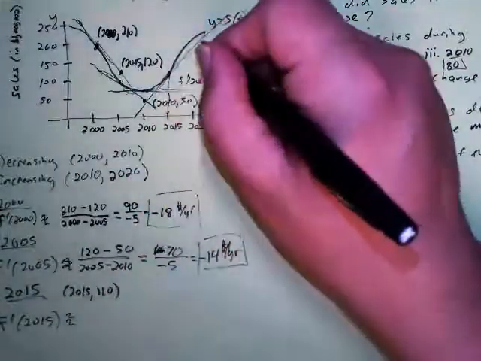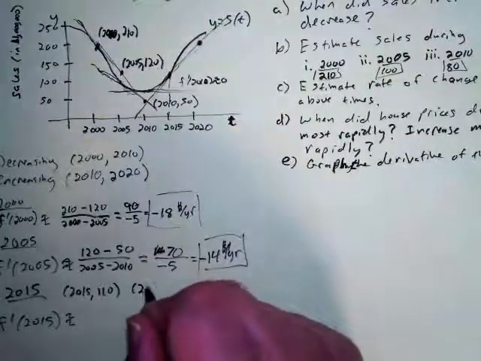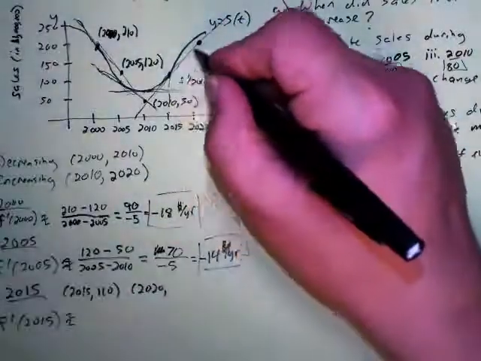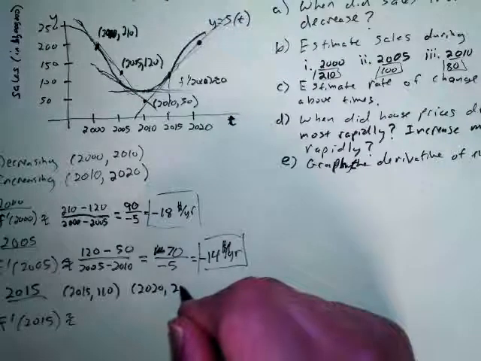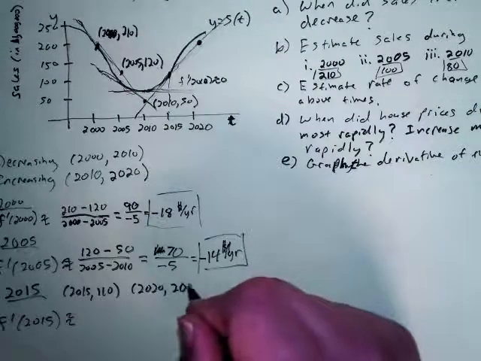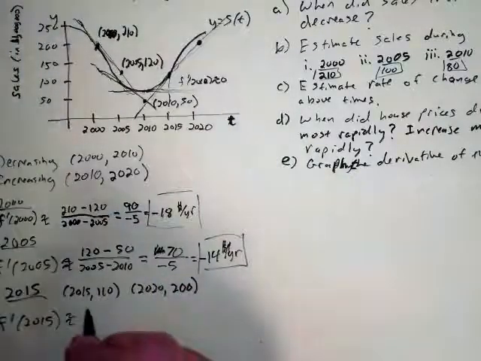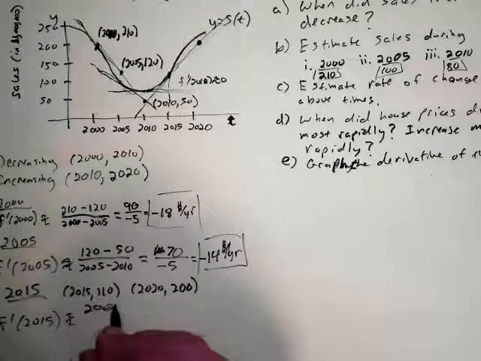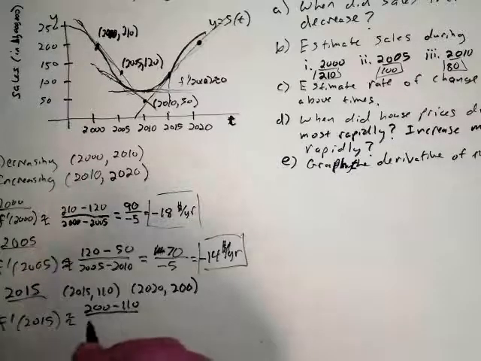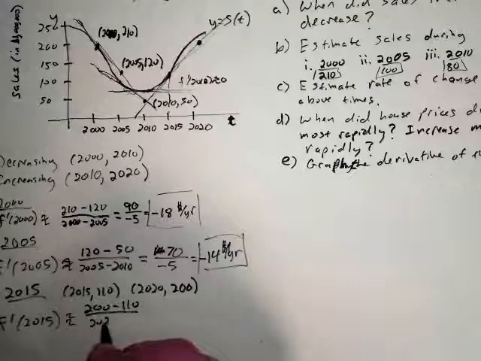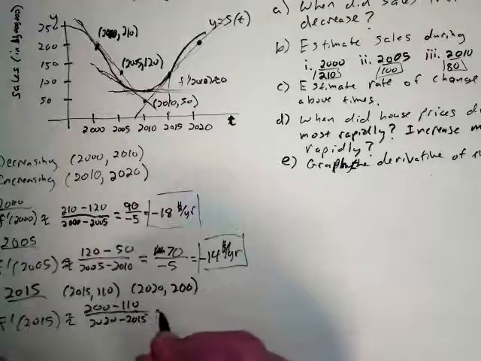And then if I pick another point on this tangent line here at 2020, it looks like I'm at 200, right? So I could do 200 minus 110 divided by 2020 minus 2015.